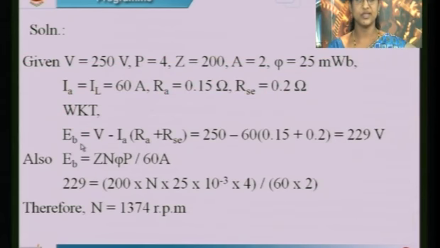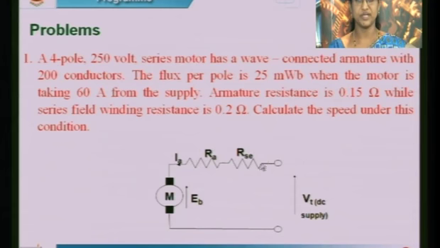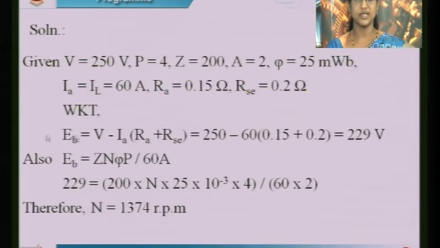Now use the equation EB is equal to V minus IA times the total resistance RA plus RSC. Consider the drop across this resistance and then calculate EB. Substituting the required values, you will get EB equal to 229 volts. Now use the relationship between speed and back EMF, that is EB is equal to ZnφP divided by 60A.